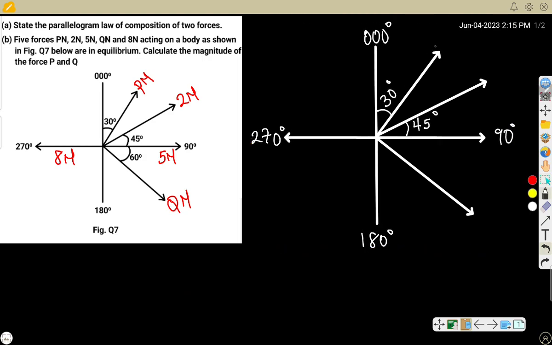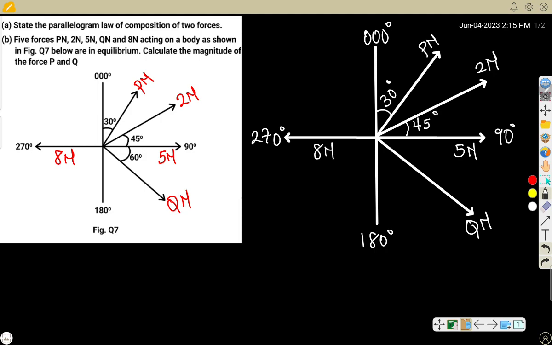So the force here is P Newton, the force here is 2 Newton, the force here is 5 Newton, the force here is 8 Newton, and the force here is Q Newton.